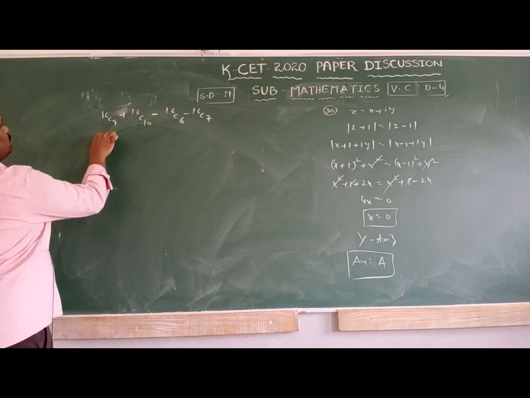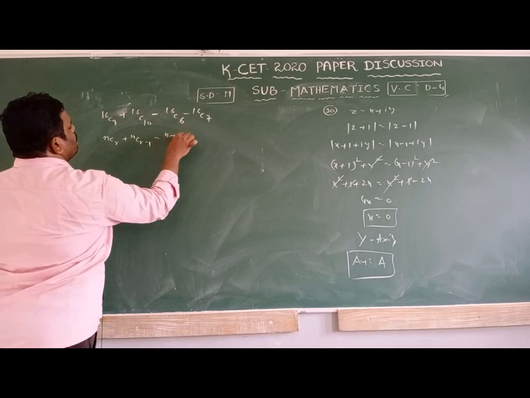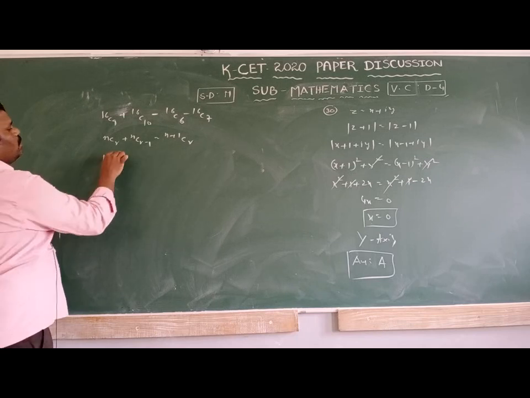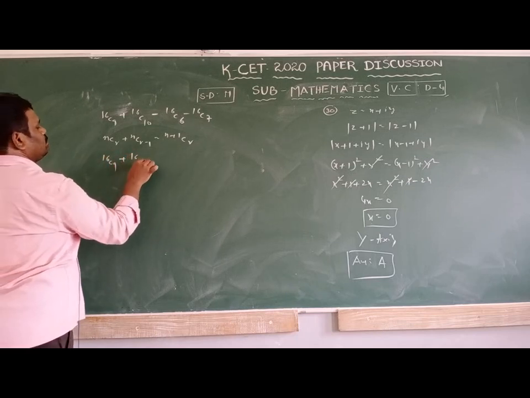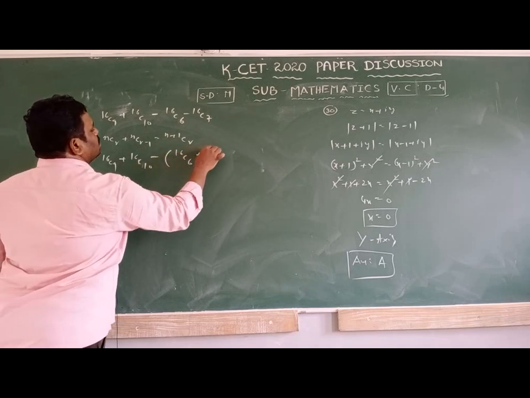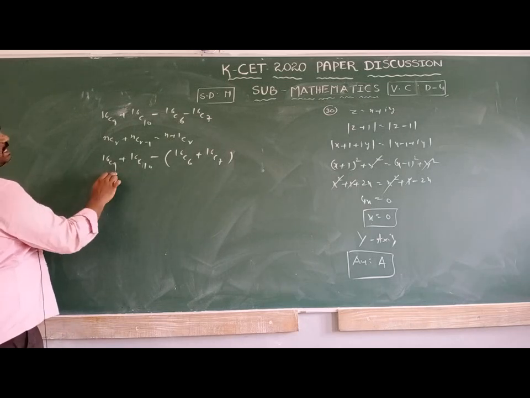Taking the terms together, nCr plus nCr minus 1 is equal to n plus 1 Cr. Now comparing this, 16c9 plus 16c10 minus 16c6 plus 16c7 fits nCr plus nCr minus 1.